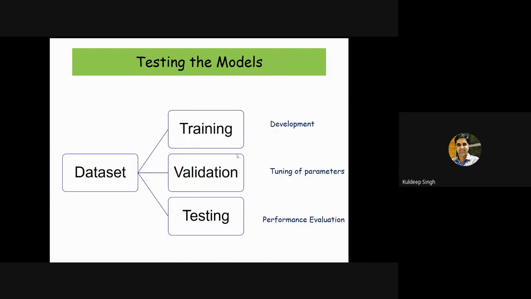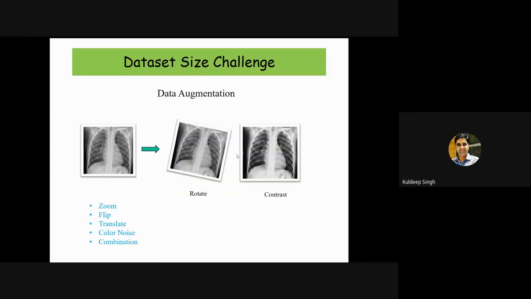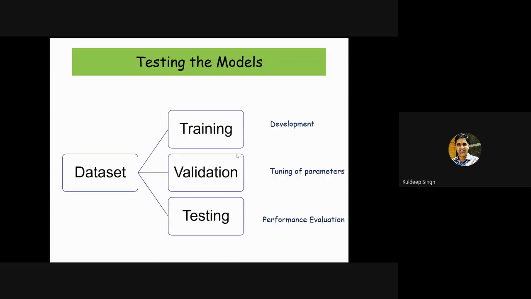data augmentation. Now, once we are done with building the models, we will talk about how we test these models, because testing is very important after building the model, so that we can know how well they are performing, how well we have built the model, and whether they will be able to give us good results.